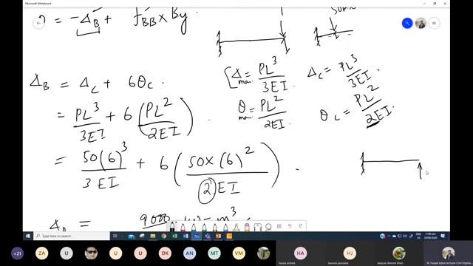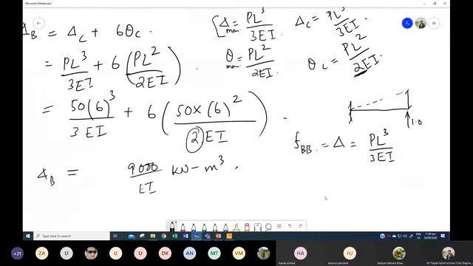Let's suppose that this is the unit load, and we need to find out this deflection. From this beam, we can see that the deflection will be PL cube over 3EI, and this deflection is equal to FBB. So what is P in this case?